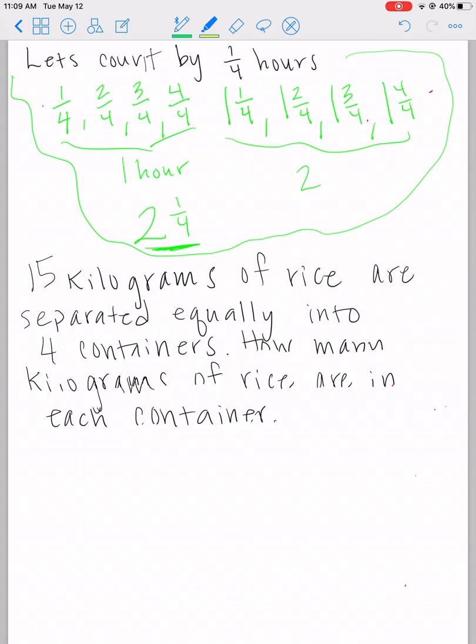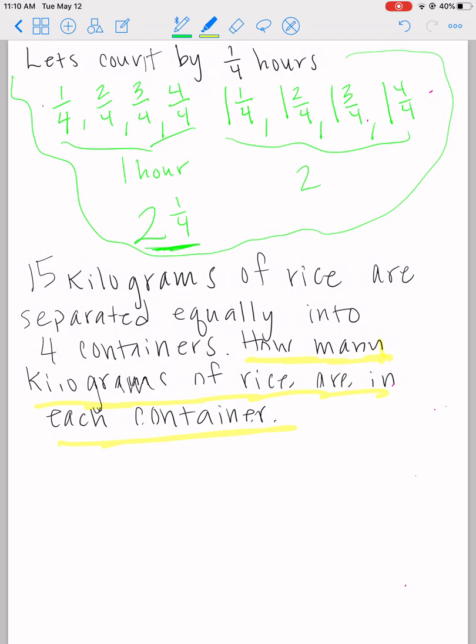But if I go and read this problem: 15 kilograms of rice are separated equally into 4 containers. How many kilograms of rice are in each container? Well, let's see. First of all, they're asking us how many kilograms of rice are in each container.